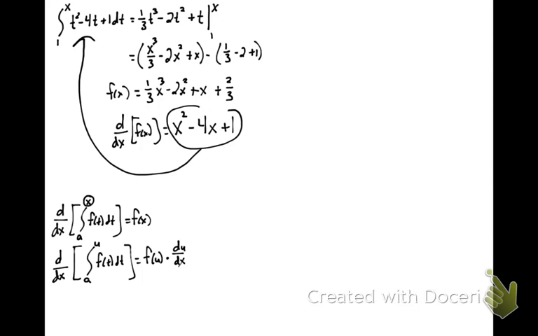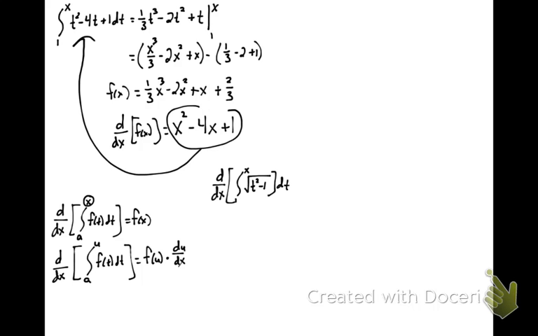So let's look at some specific examples of all this. I'll do one of them here in this empty space on the right. We'd like to find the derivative of the integral from 1 to x of the square root of t squared minus 1 dt.